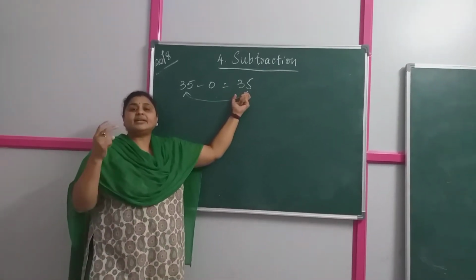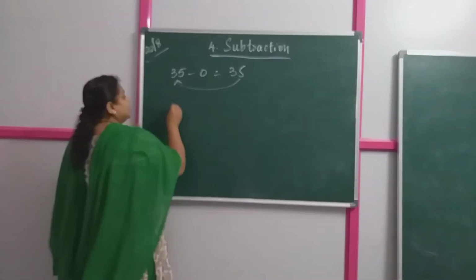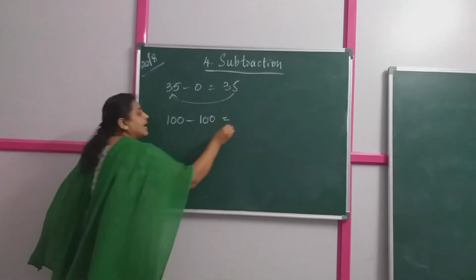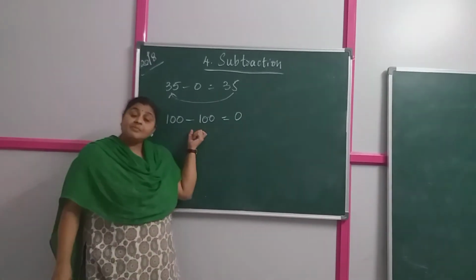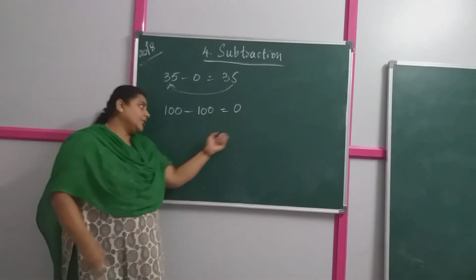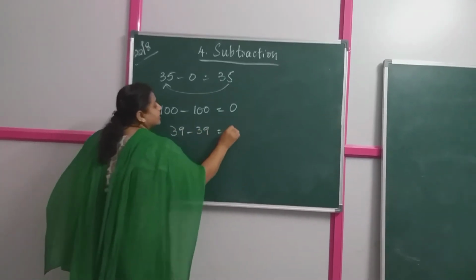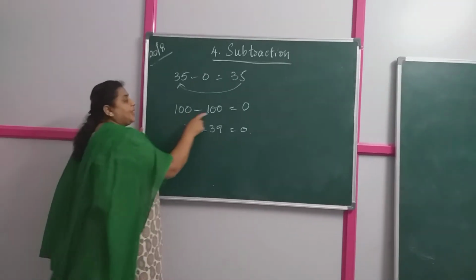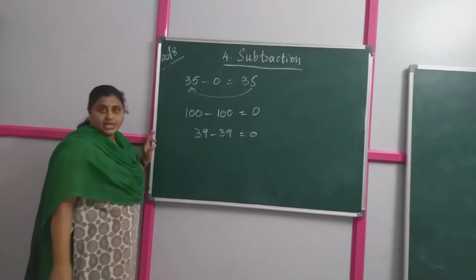When you are subtracting the same numbers, say 100 minus 100, the answer is 0. Subtracting the same numbers, the difference is 0. 39 minus 39, 0. Got it children? So when you subtract any two same numbers, the result is always 0.